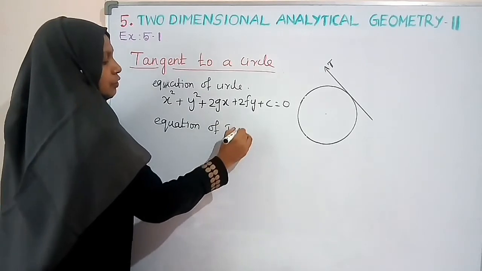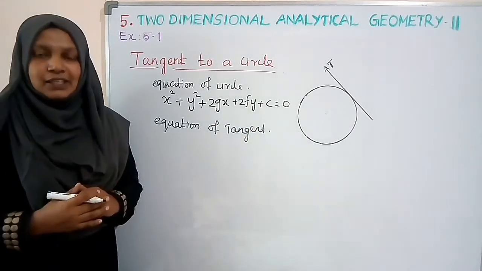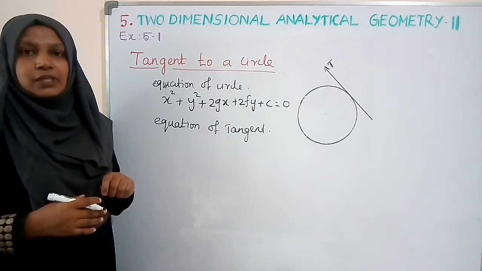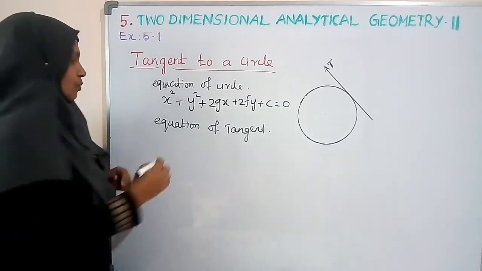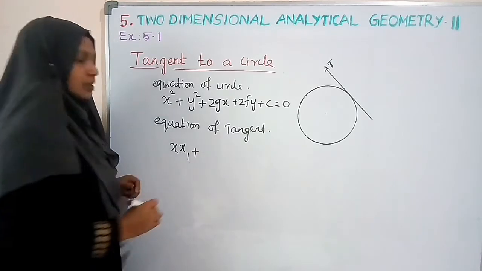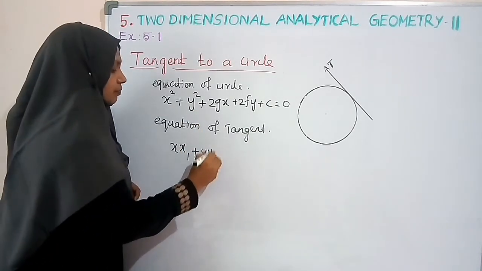So here we are going to apply a shortcut method. The shortcut is: if your equation is having an x square term, change it as xx1. Replace x square as xx1. Similarly, the y square term we can change as yy1.